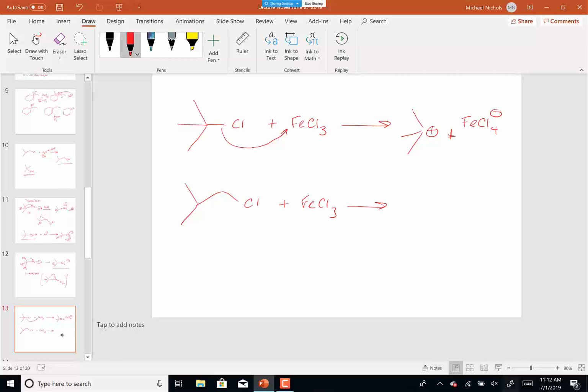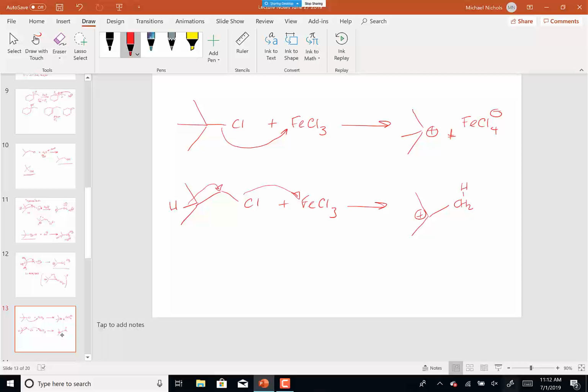They did get the same product, and some of them wrote the mechanism, because we were talking about carbocations in lecture. And so you may say, well, what happened? What happened was, as the chlorine was being ripped off by the iron, the only way that was going to form a stable carbocation was to have the hydride shift over at the same time to then make the tertiary butyl carbocation, which then ended up adding into the benzene ring.